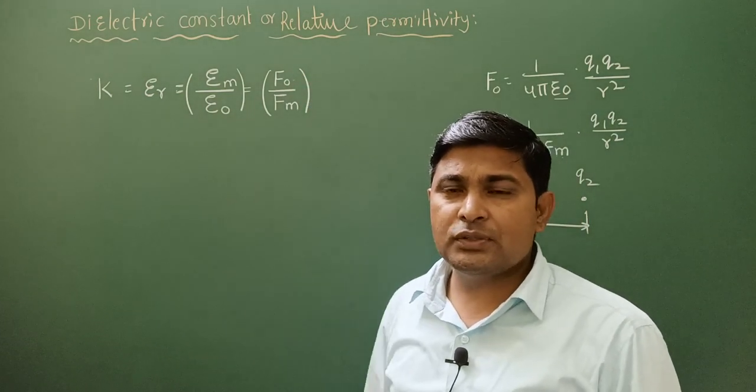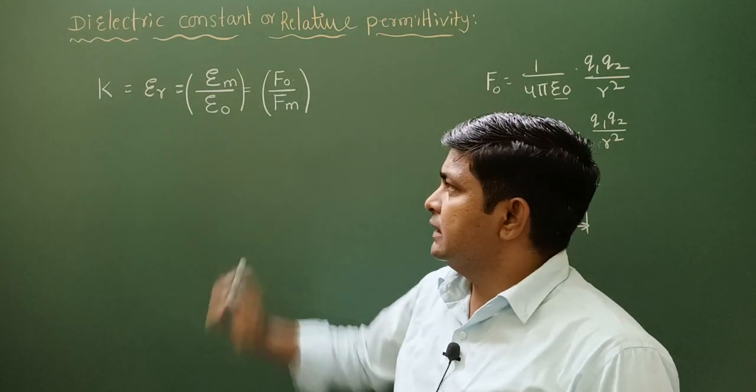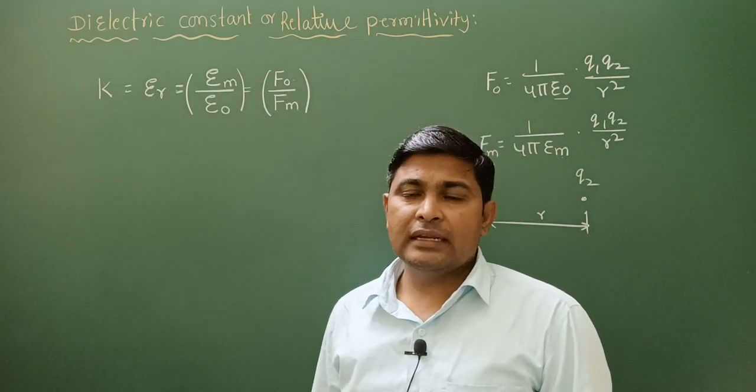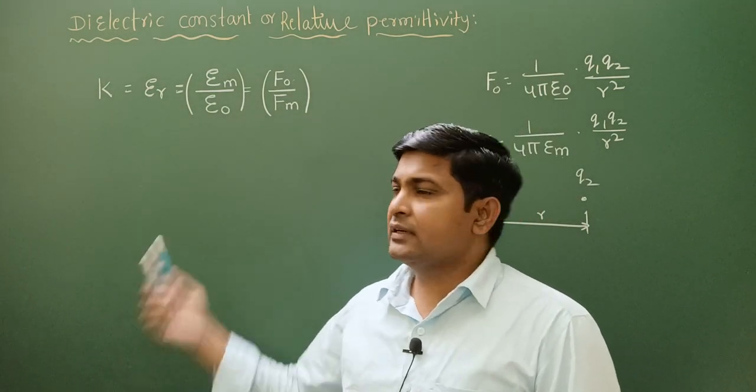These two ratios are known as the dielectric constant or relative electrical permittivity.